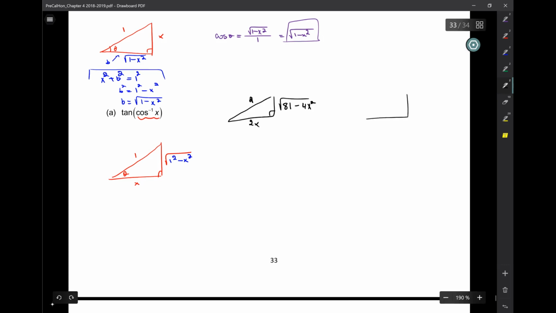But now, if this was 9 and this was 2x, now for the hypotenuse they add. So it would be the square root of 4x squared plus 81. You could always just do the Pythagorean theorem.